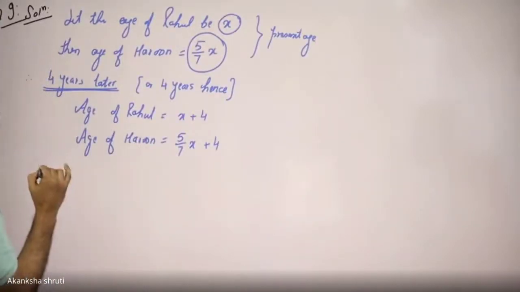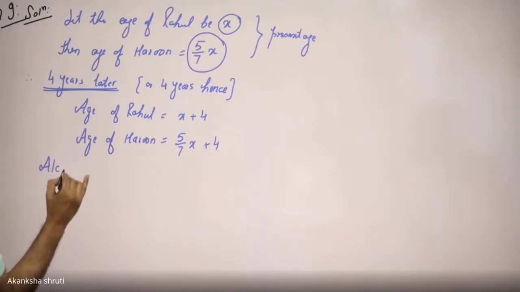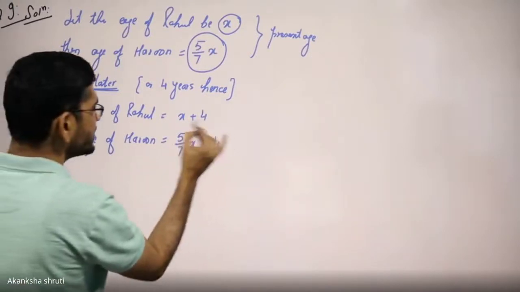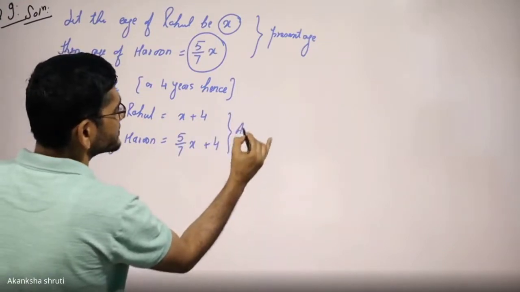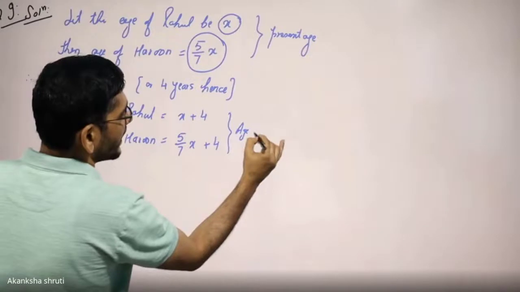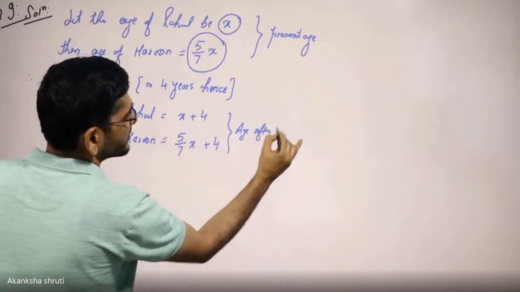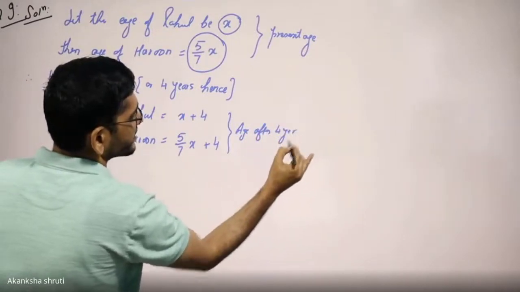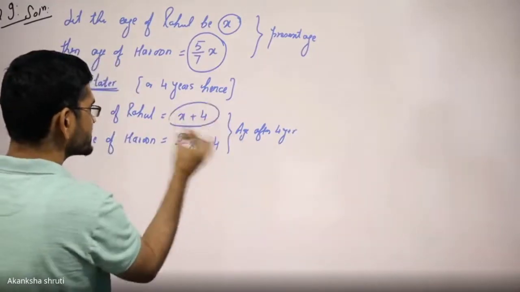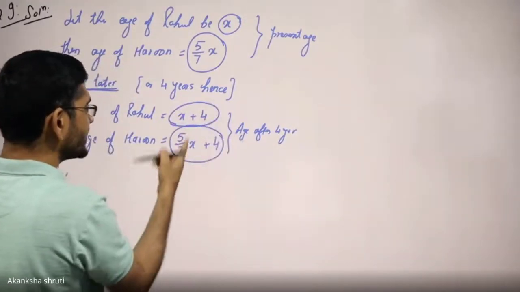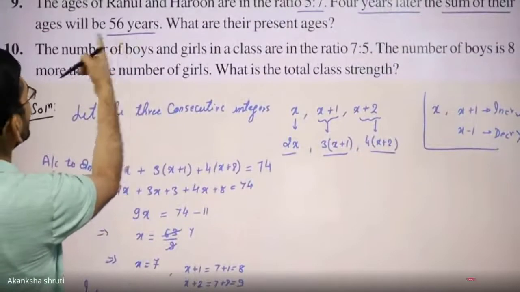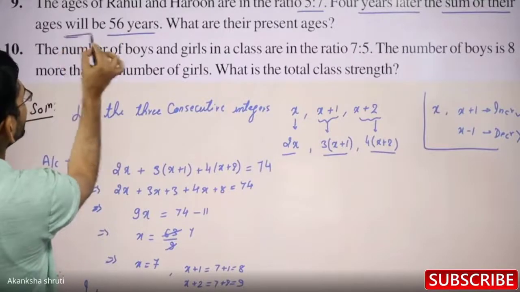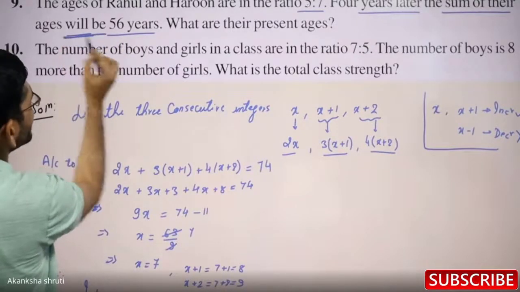After this, it is given in the problem that these are the ages after 4 years. Then the sum of their new ages is given as 56. The sum of their ages will be 56.